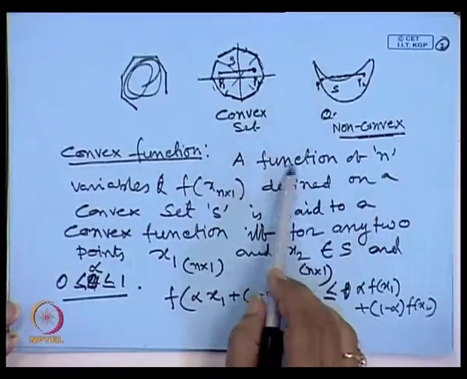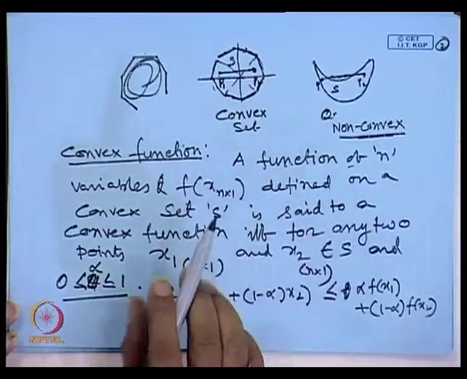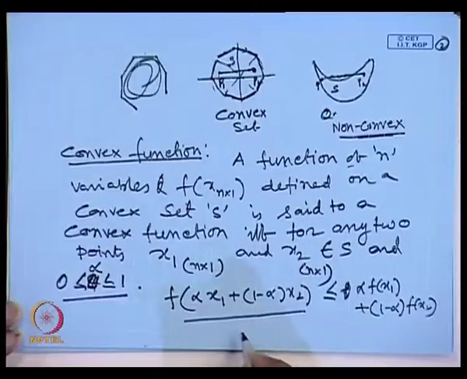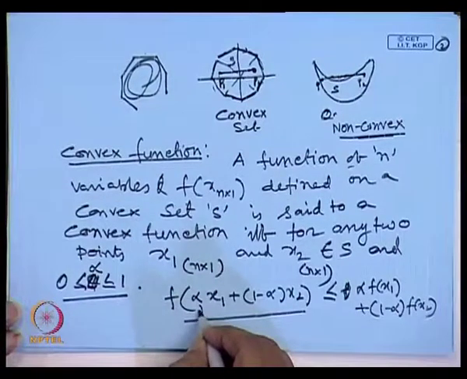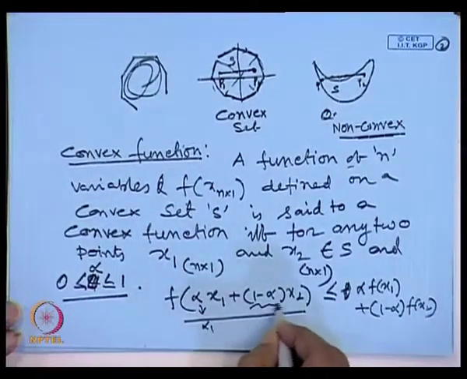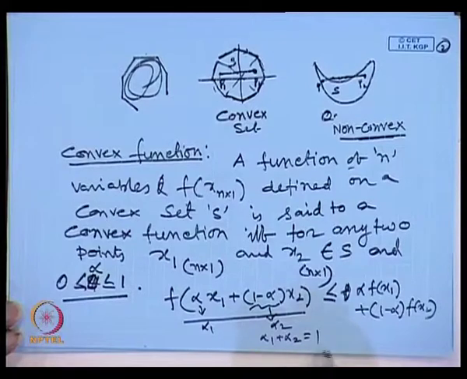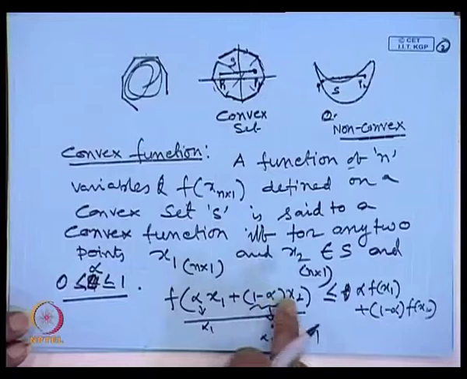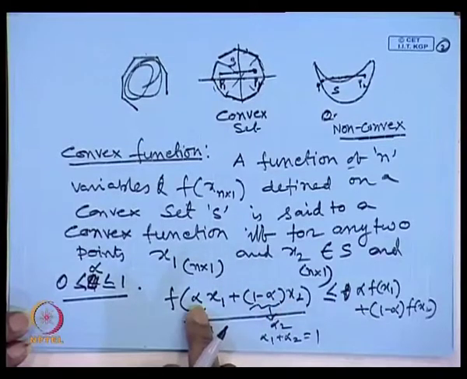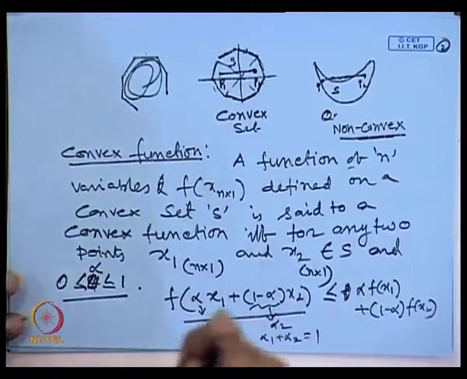A function of n variables is said to be a convex function on a set if and only if this condition is satisfied, where, if you consider alpha as alpha 1 and the other as alpha 2, then alpha 1 plus alpha 2 is equal to 1. Now see this: when alpha is 0, it indicates the x 2 point in the n dimensional vector.